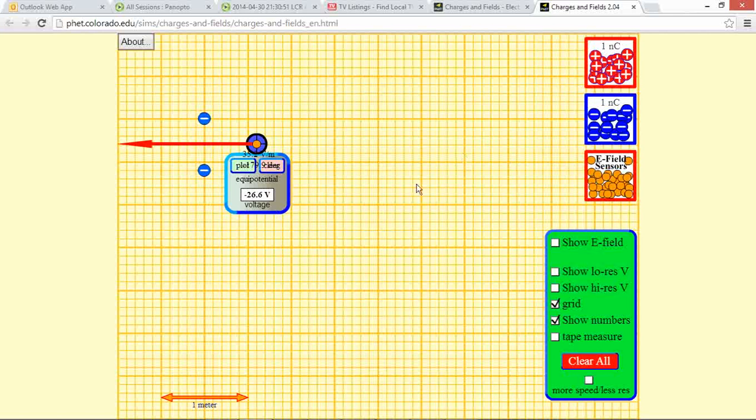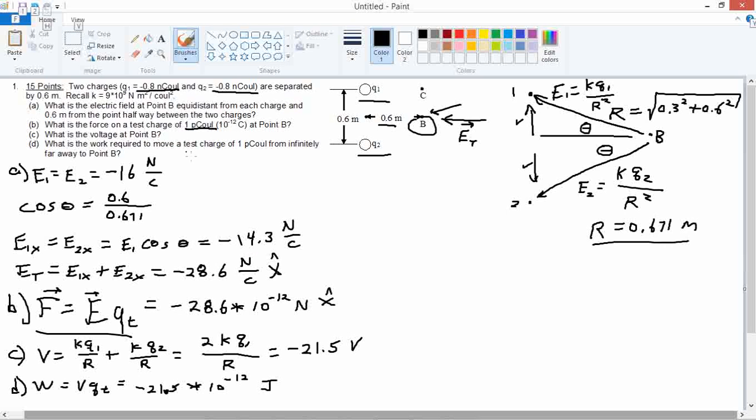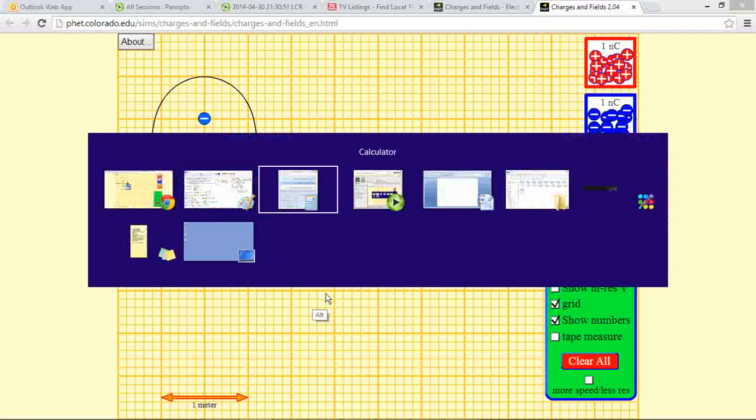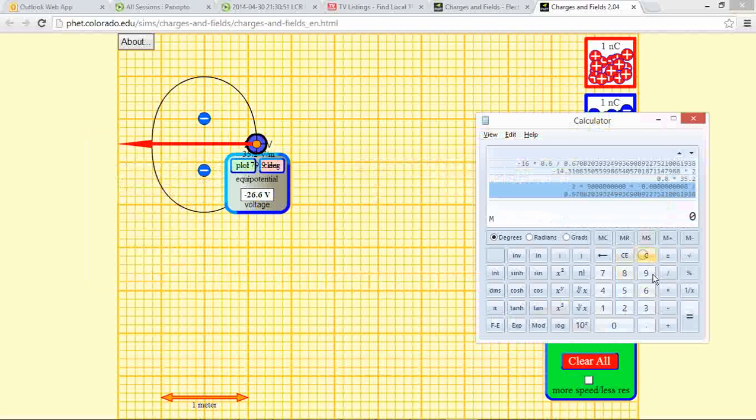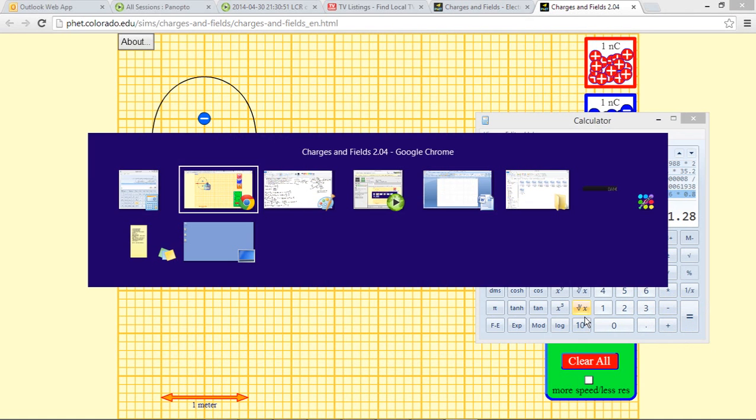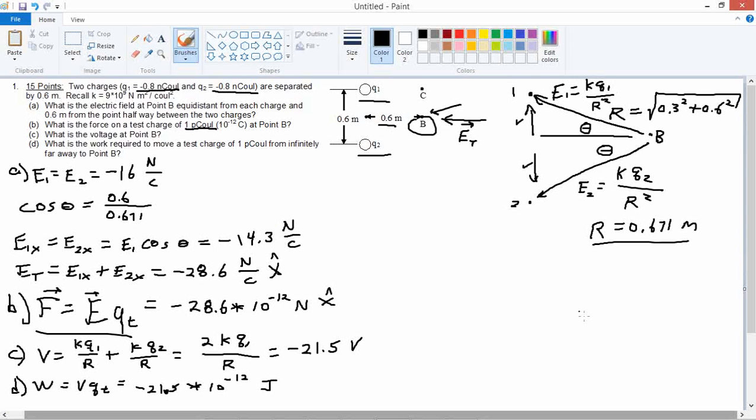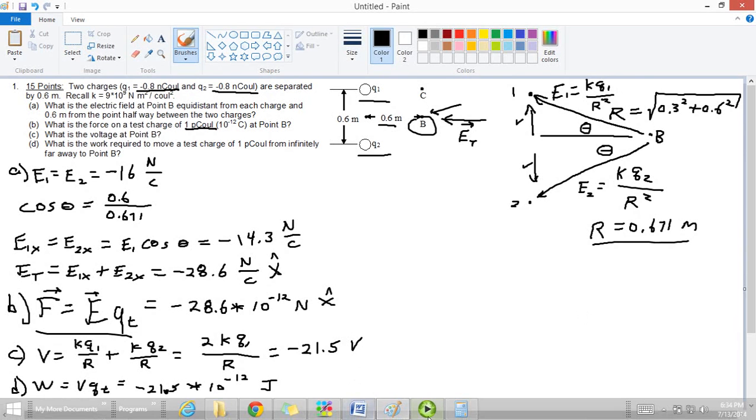These are 1 nanocoulomb charges, and we're using 8/10 of a nanocoulomb. So negative 26.6 times 8/10 is negative 21.2, and our answer is negative 21.5. A little bit of rounding, but pretty confident. That ends this problem.